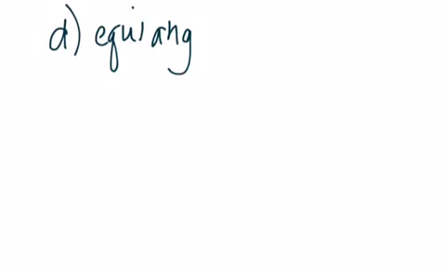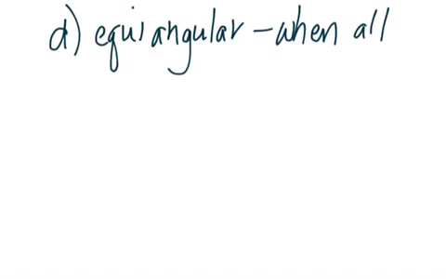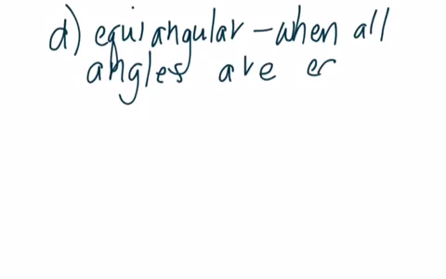And the fourth kind is called equiangular, when all angles are equal, or the other word is congruent.